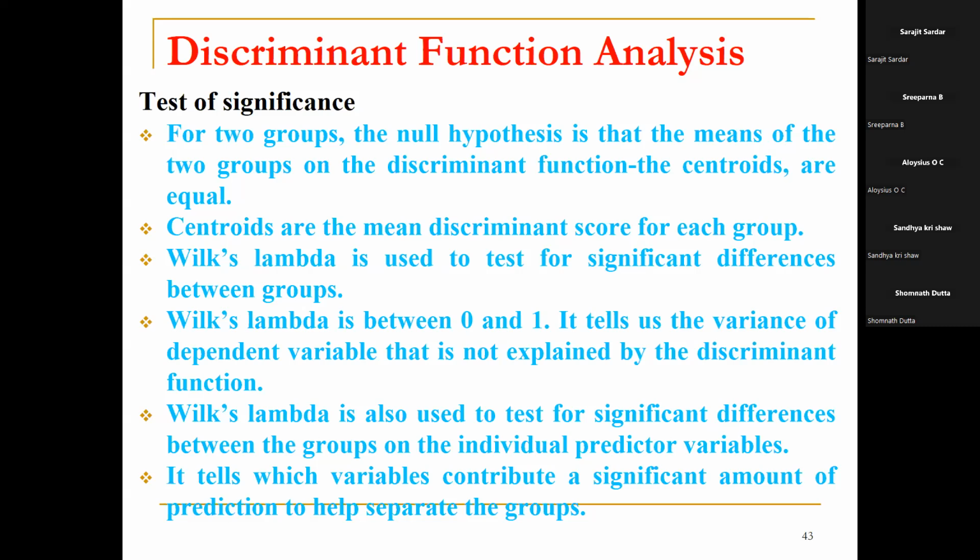Wilks' lambda is used to test the significant difference between the groups. If the lambda value is significant, it means there is a significant difference between the groups, with no overlapping. Our objective is to find out whether there is any overlapping between the classified groups. Wilks' lambda between 0 and 1 tells us the proportion of variance of the dependent variable not explained by the discriminant functions.